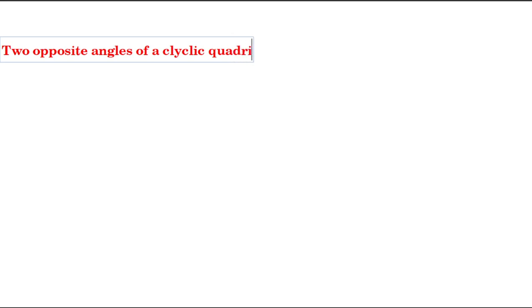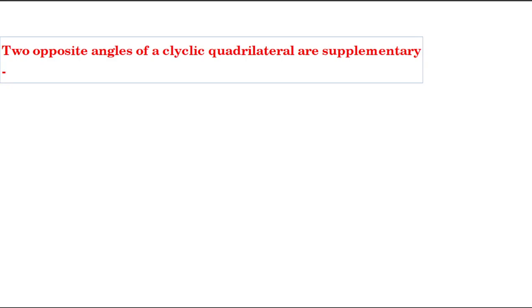Saying the two, or rather let me say two opposite angles of a cyclic quadrilateral are supplementary. What does that mean?